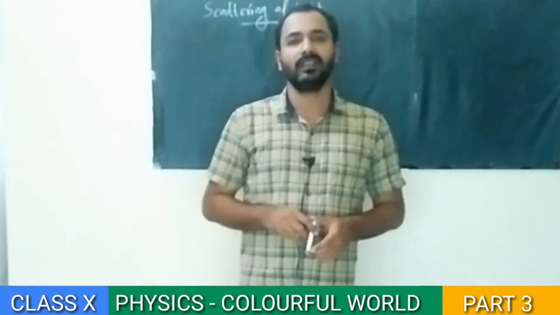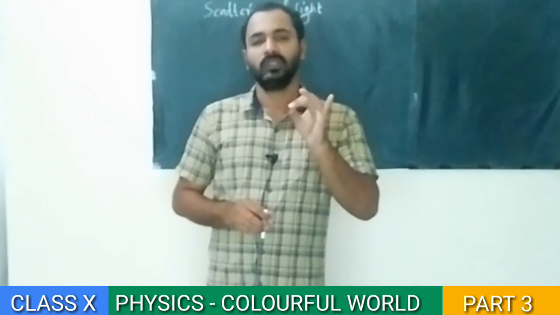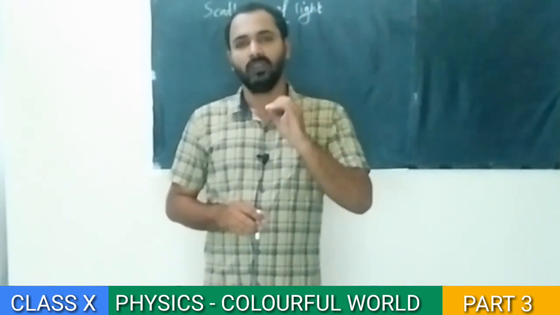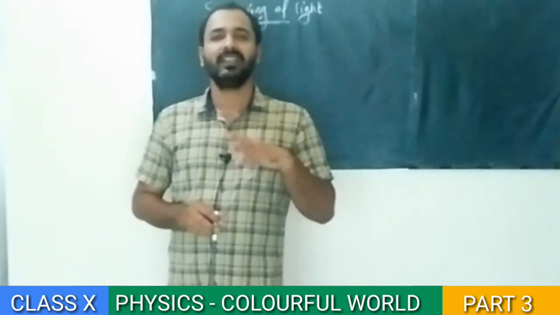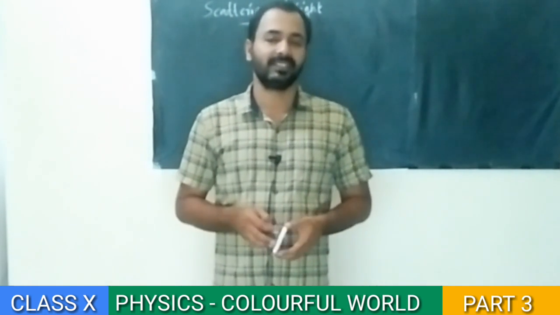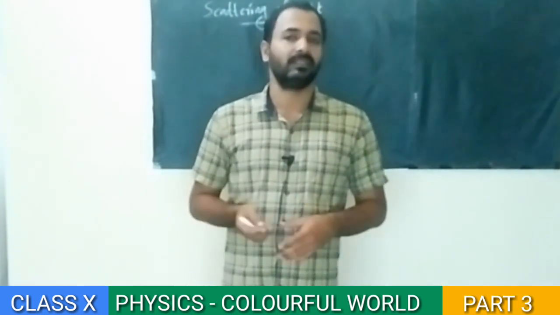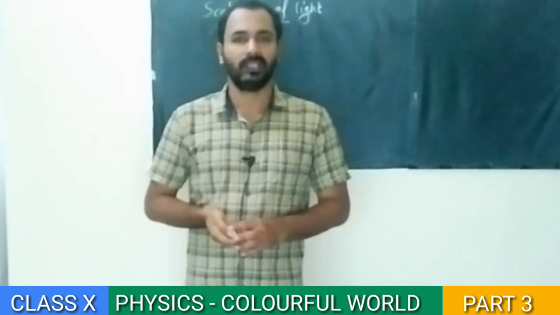What are the 7 colors? Violet, indigo, blue, green, yellow, orange and red. These 7 colors scatter in different ways, in a different manner. So we can explain it in detail.